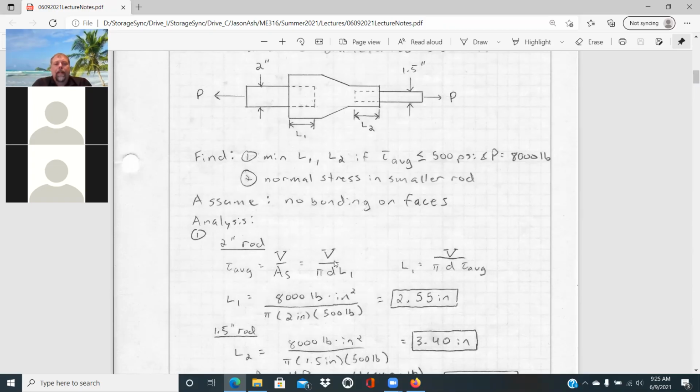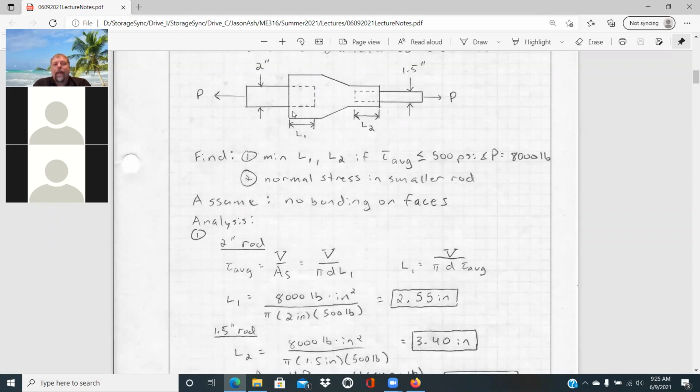And that shear force is just going to be equal to the axial load that's applied. If you were to draw a free body diagram of this, you just have a shear force acting in the opposite direction. And so summing forces in the X, that shear force would be equal to P. And the shear area is just the circumference of that.